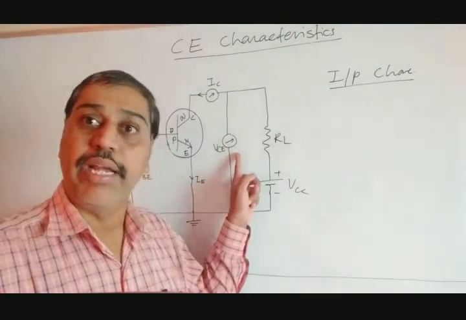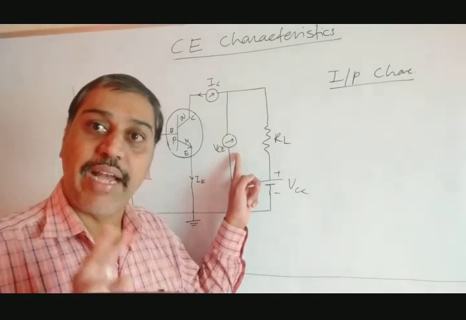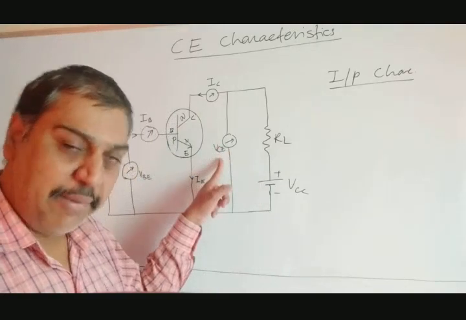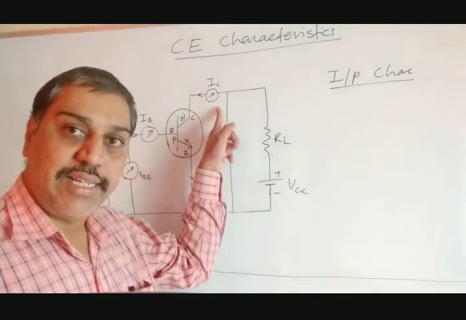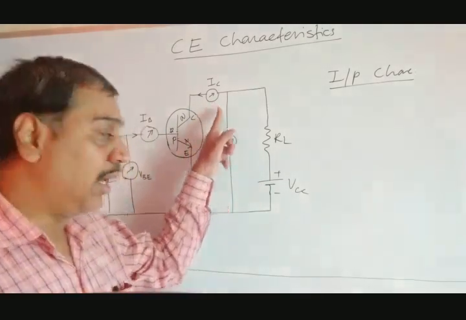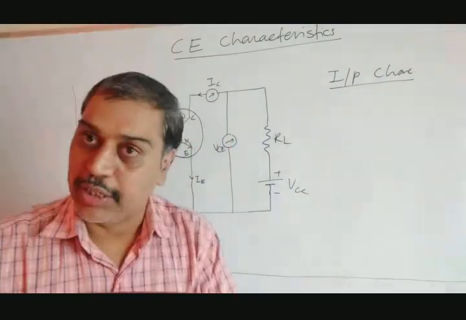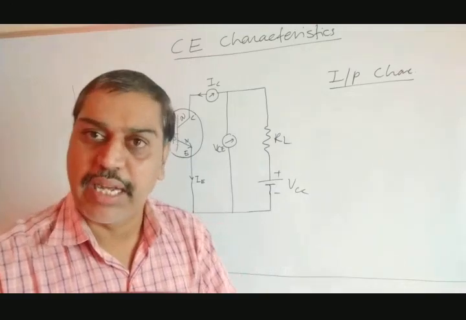For output characteristics, vary the output voltage VCE and measure the output current IC while keeping the input current IB constant. Now let's start with the input characteristic first.